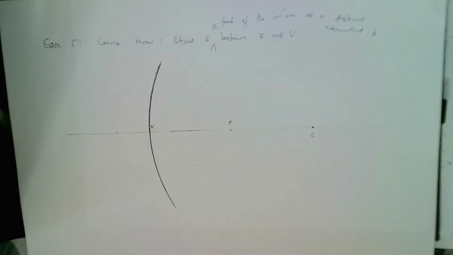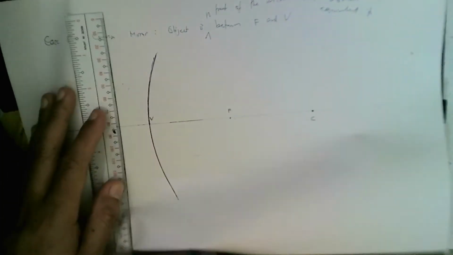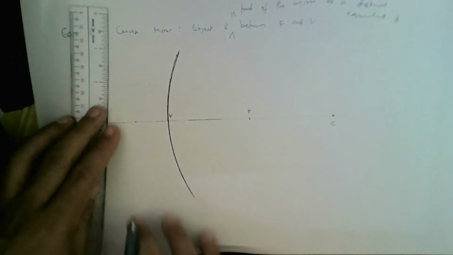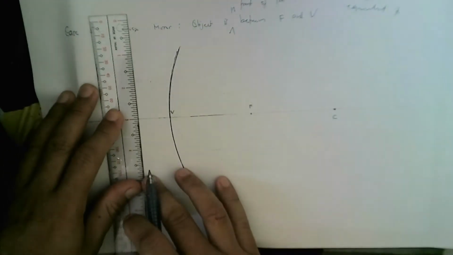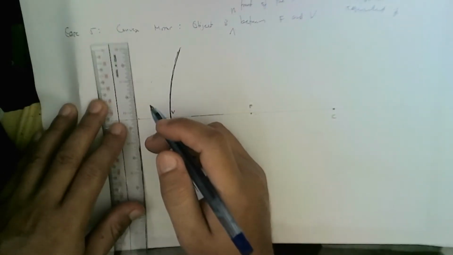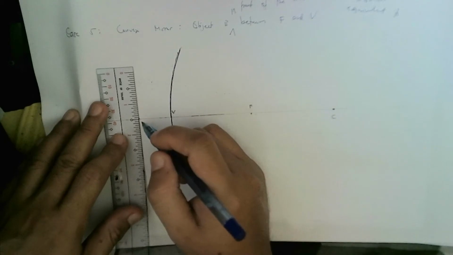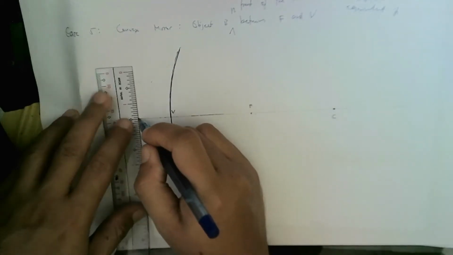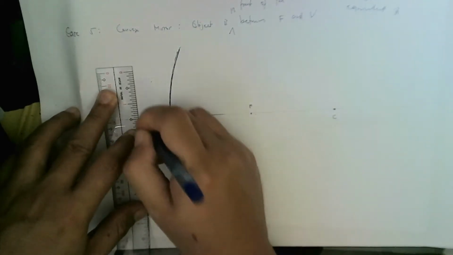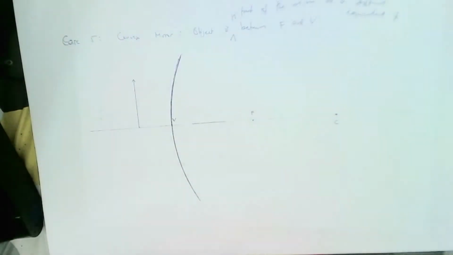And then you get to choose the height of the object. Let me have the height of the object as 1.5 inch. Okay, so here 1.5 up to 0. That's my object.